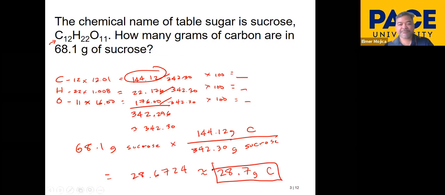Analyze. Question? Before we go with percentage composition, using a little bit complicated problem.